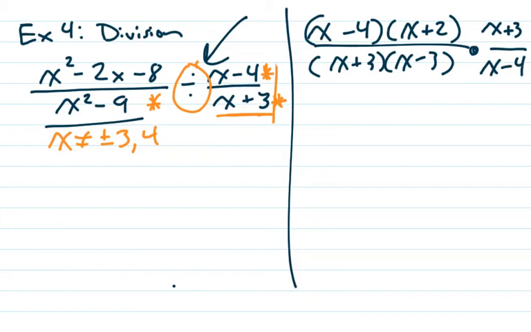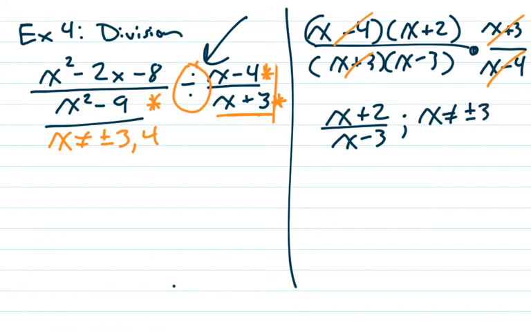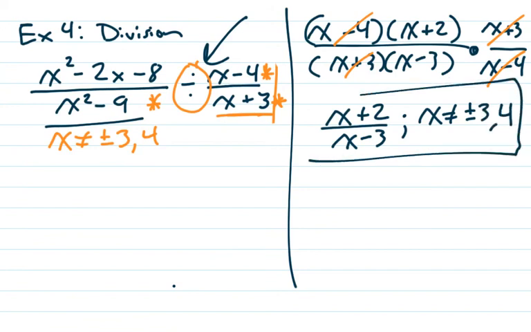If you remember that rule, keep, change, flip for division of fractions. And then I can cancel stuff out. So I'm going to cancel out the x minus 4s and the x plus 3s. So I'm going to be left with my final answer of x plus 2 over x minus 3. However, I know that x cannot equal plus or minus 3 and 4. And that's how you solve them.